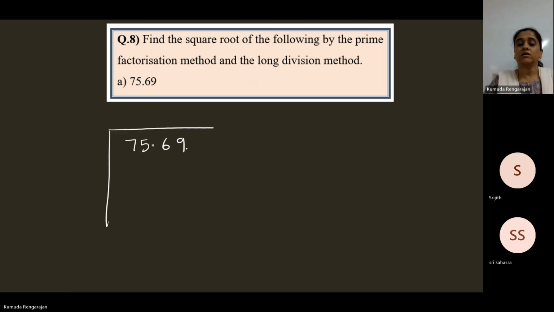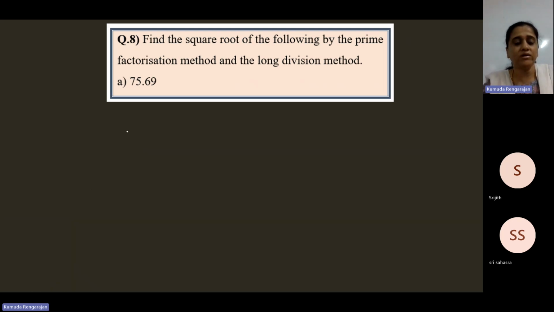75.69. So here there is a difference in pairing the digits. I'll just take a different number to explain.